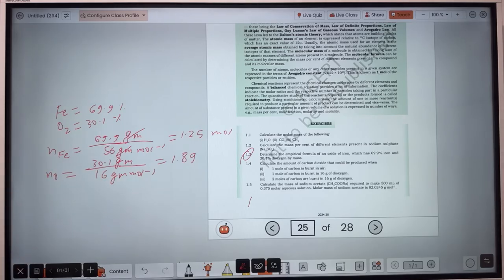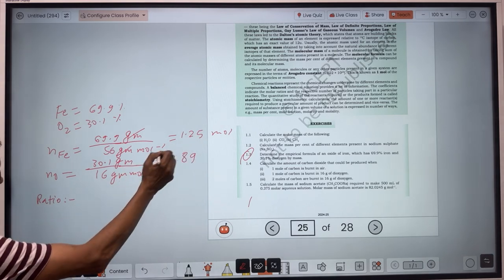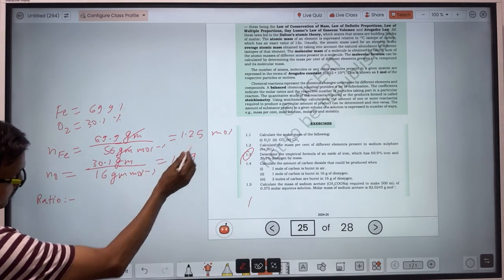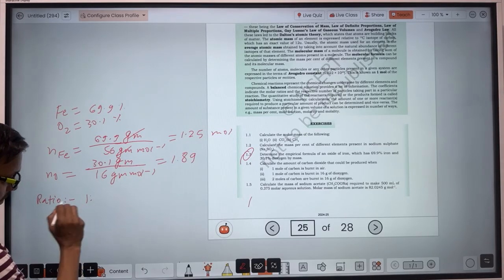So among these, 1.25 is smaller than 1.89. So take the ratio. 1.25 divided by 1.25 will be 1.